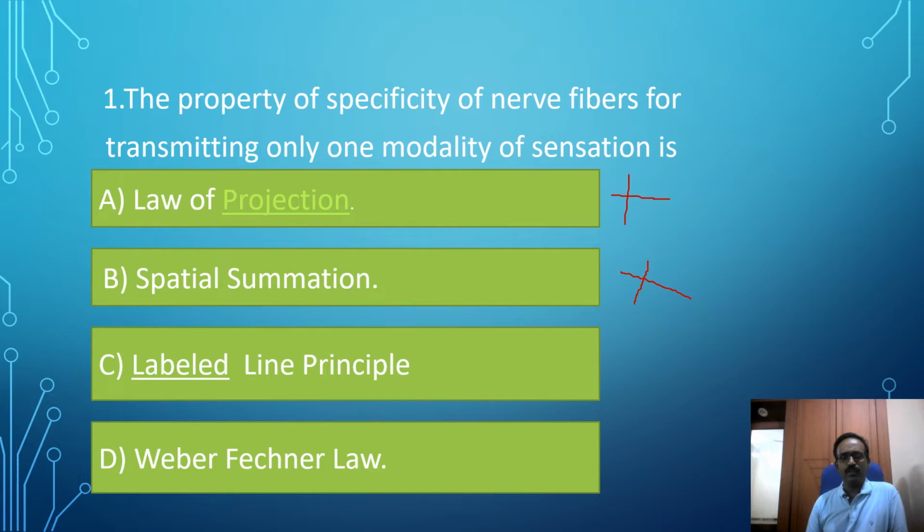Labeled line principle: touch sensation is carried by the neurons of the touch pathway, the dorsal column pathway. Pain sensation is carried by the spinothalamic tract. So this is the correct answer.